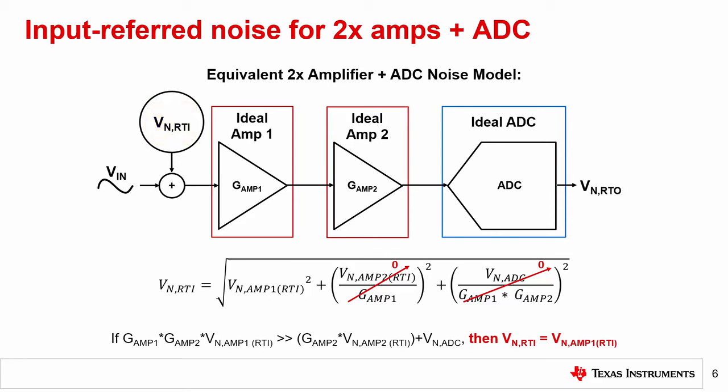And like the single-stage amplifier example shown on the previous slide, you need to divide by the amplifier's gain. However, each amplifier can have a different gain factor, so each term in the input referred noise equation is divided by the product of both amplifier gains. This leaves only the first stage amplifier's noise with no dependence on gain as shown.